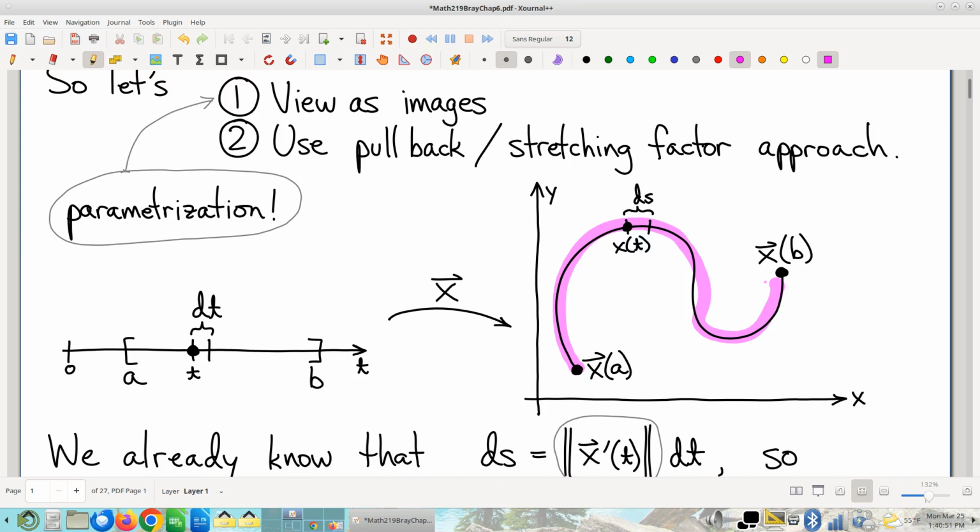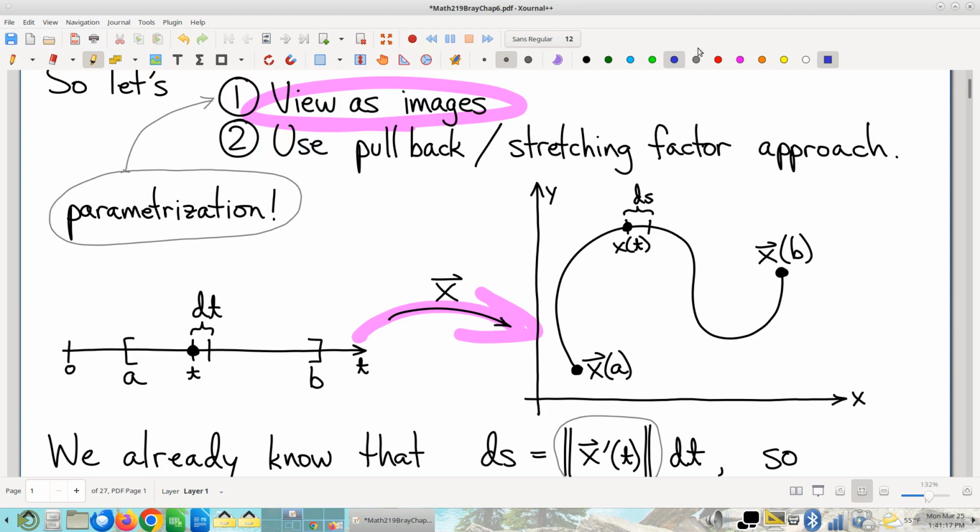So what we figured out as a way around this is to kind of rip off the big idea of how we did change of variables, which was another case of we have an undesirable domain that we don't like. And so the big idea is view it as being an image. In this case, a curve viewed as an image, well, that's parametrizing the curve.